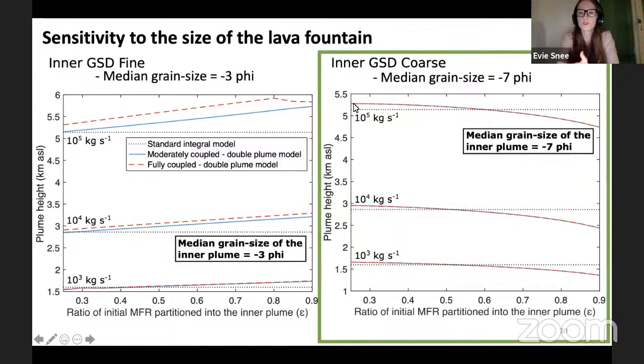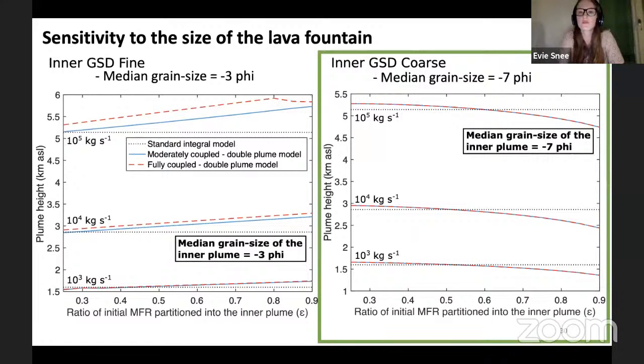You can see there's no difference between the two scenarios of this coupling between the tephra plume and the lava fountain that we are exploring. This is because, as I've said before, it's coarse, so there's nothing left in the top of the lava fountain to potentially add to the start of the surrounding plume. So these scenarios are not important for this example.